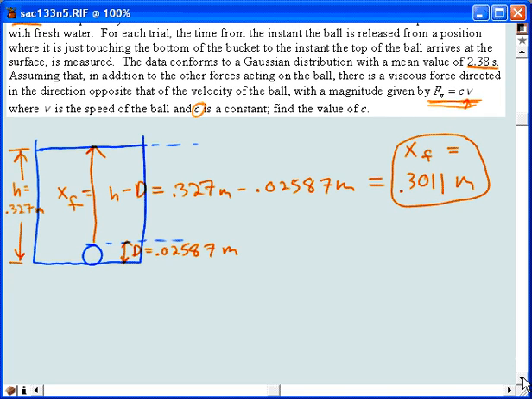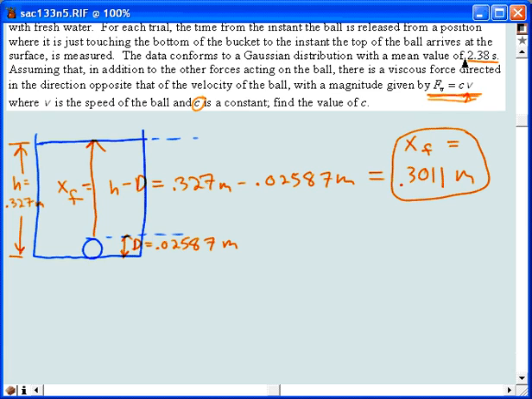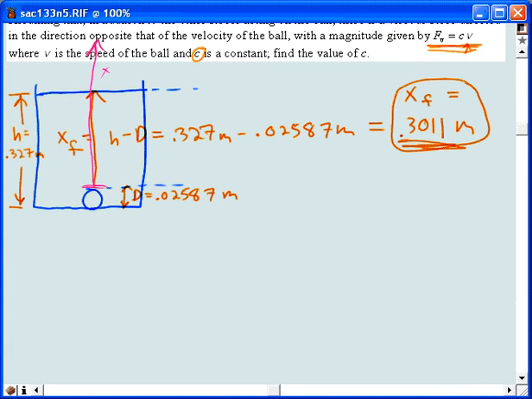Or actually, I think what I'll do is I'll give it 2.38 seconds, see how far it gets, and then adjust C until it only gets 0.3011 meters. And I'm calling that upward. I'm calling this my x-axis. This is my x direction, and this is my start line right here, the origin for my reference frame. Okay, I think I got a plan.